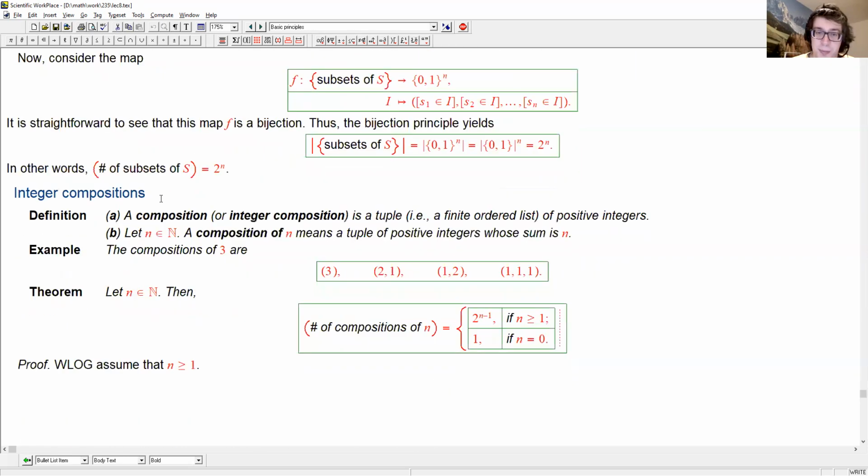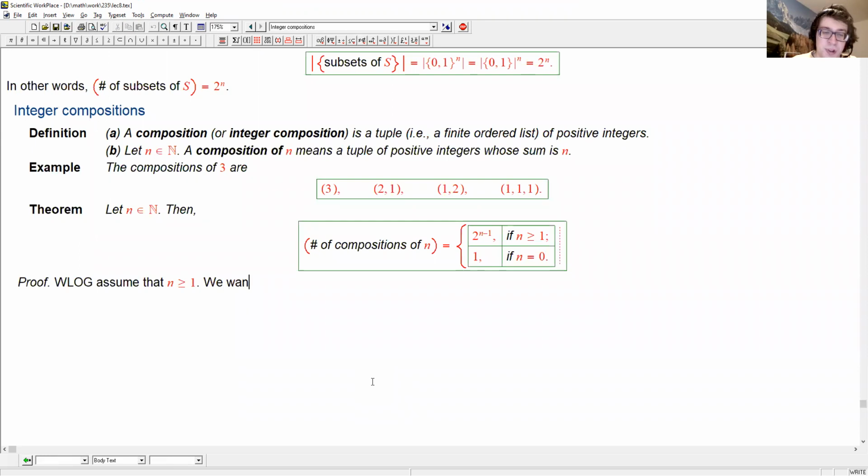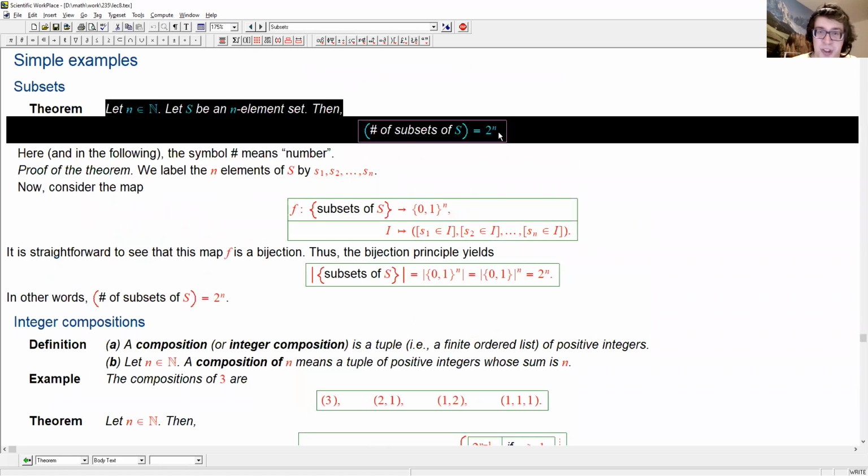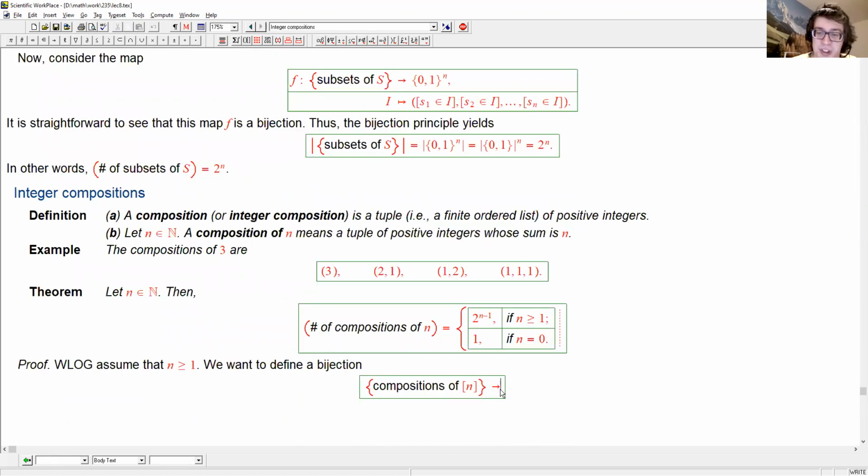How can we do that? We want to define a bijection from the set of all compositions of n to some set whose size is 2 to the n minus 1. And inspired by the theorem here, we could try to use the set of all subsets of S, where S is the set of the first n minus 1 positive integers.